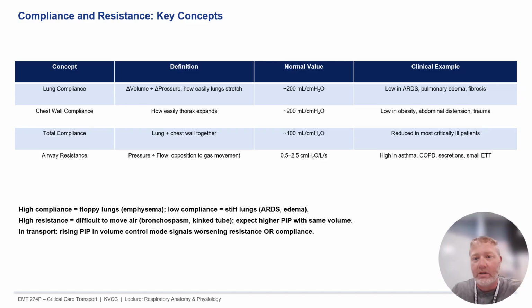All of those things increase resistance. High resistance shows up as an elevated peak inspiratory pressure, or PIP, on the vent with a normal or near normal plateau pressure.